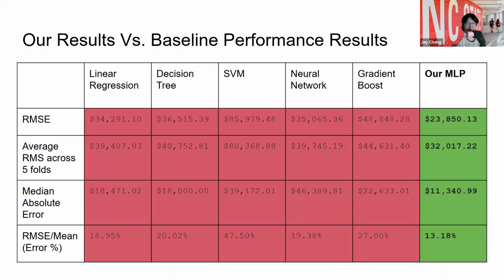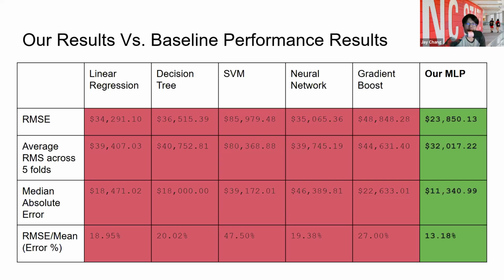Okay, so here are the results of our model in comparison to our baseline models. As stated before, we tested 5 baseline models: linear regression, decision tree, SVM, a basic neural network, and gradient boosting. And each of these were evaluated by the 4 key metrics we discussed earlier. When we compare these models side by side, the performance of our custom MLP stands out clearly across every single metric.